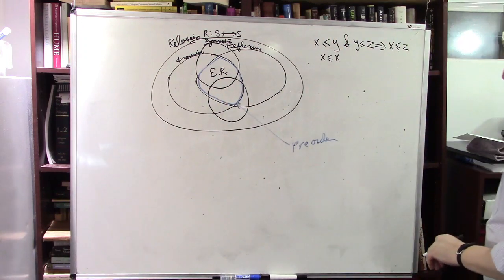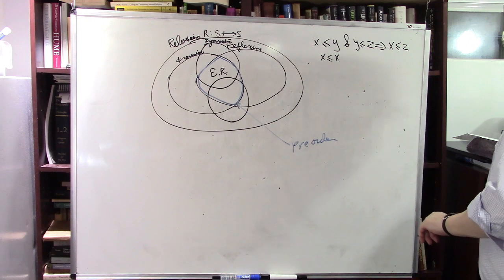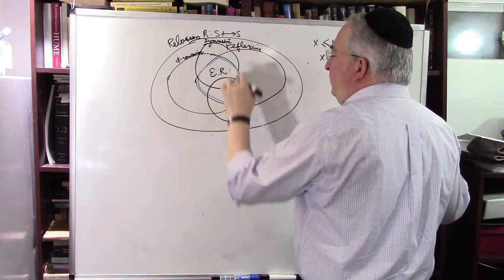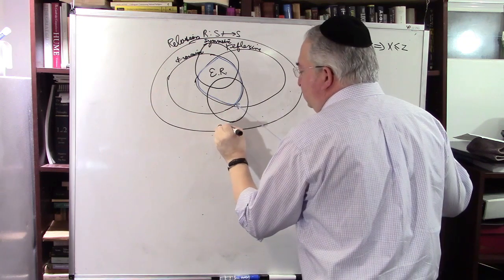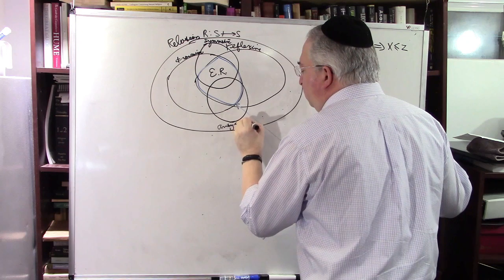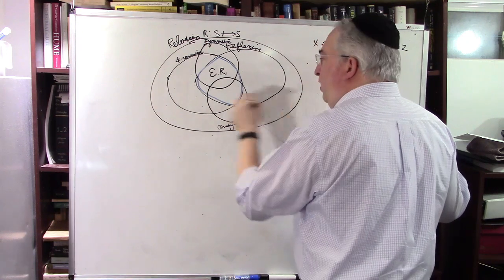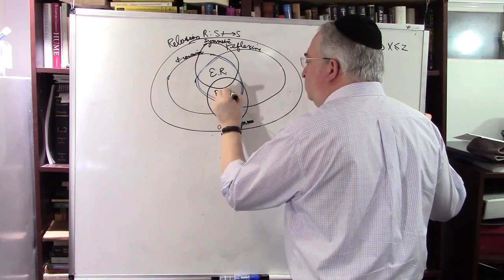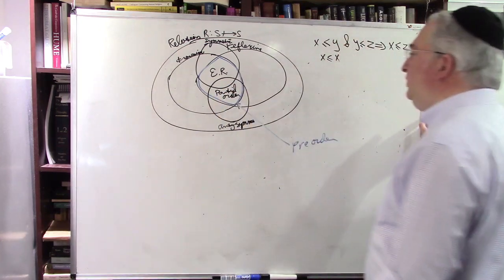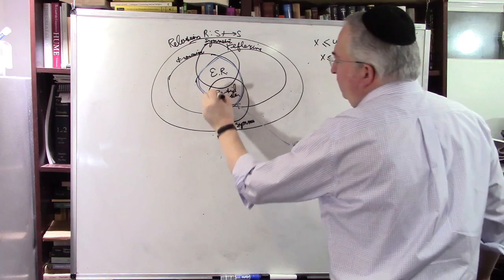And what do you call a relation that's transitive, reflexive, and antisymmetric? We call that a partial order. So in here is a partial order.